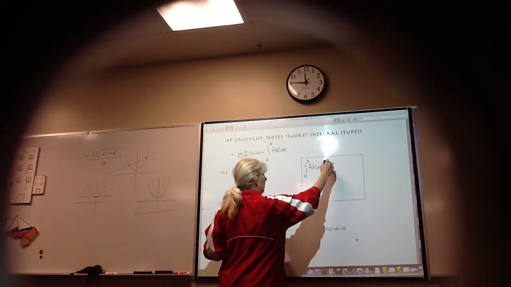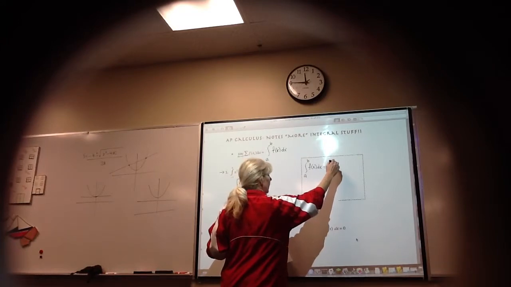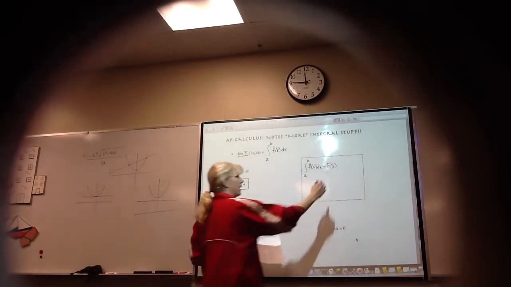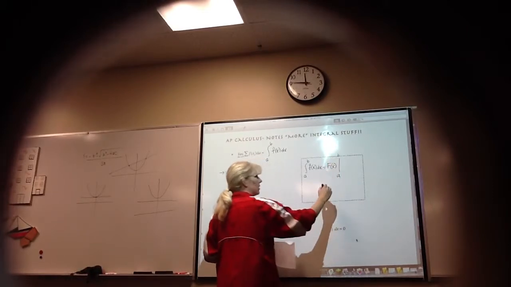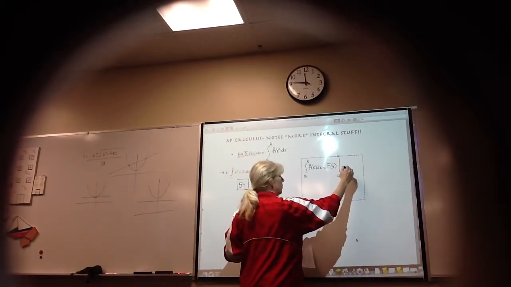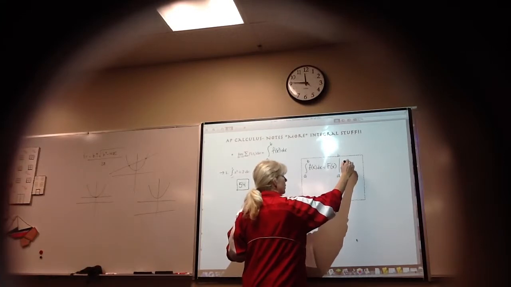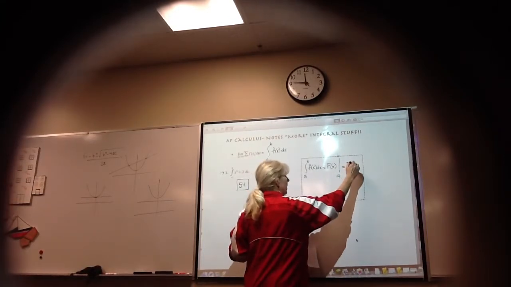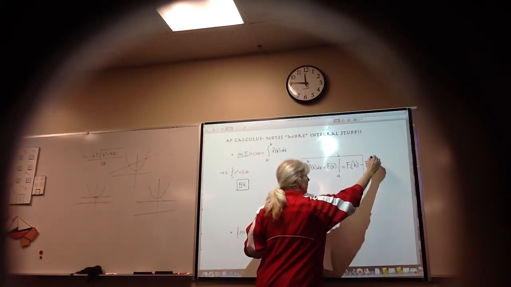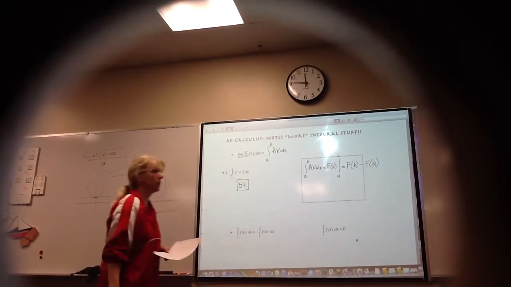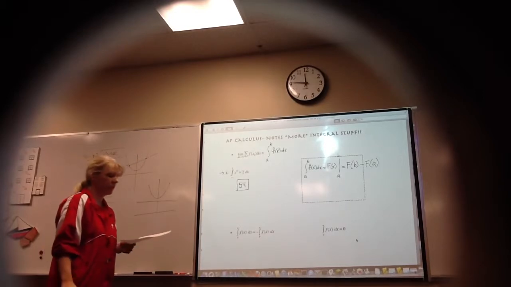So this would be capital F of x, and we would integrate that from a to b. You can either use brackets or you can use a line. Again, what did this equal? You put which limit in first? B. So it'd be capital F of b minus, pop in the lower limit, and subtract. So it's the upper limit plugged in minus the value of the lower limit plugged in.